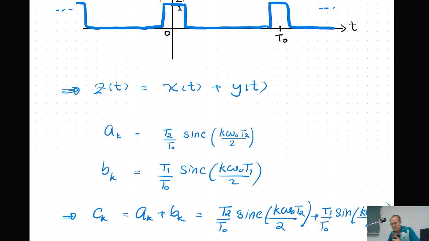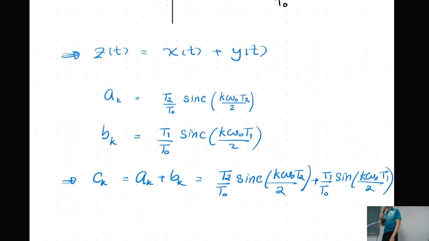That's it. And using this approach, you don't have to integrate whatsoever. You just take what you already know and do the linear combination. So this makes life a lot easier.